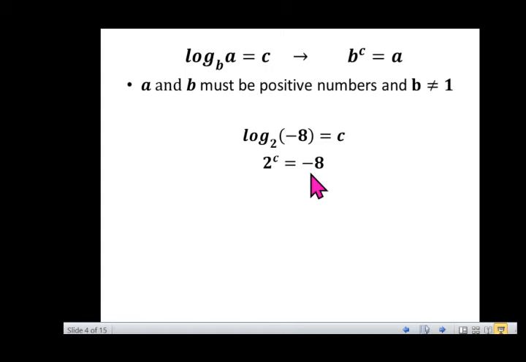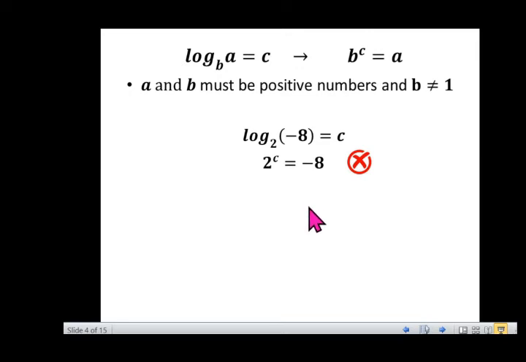Can you think of a number that we can replace for c so that our answer would be negative 8? That's correct. We do not have an exponent that can give a negative value. So that is the reason why the variable a should be a positive number.